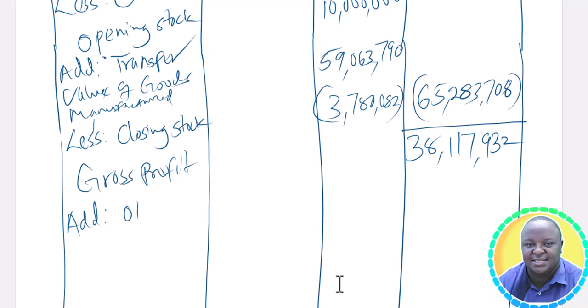Let me just write it correctly. Now, other income, we have factory profit.